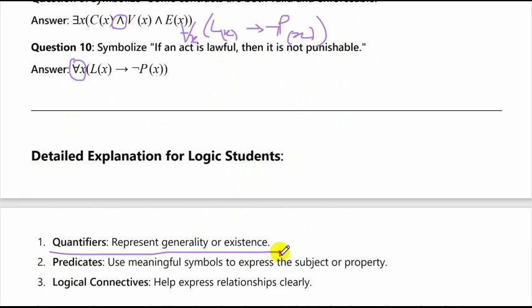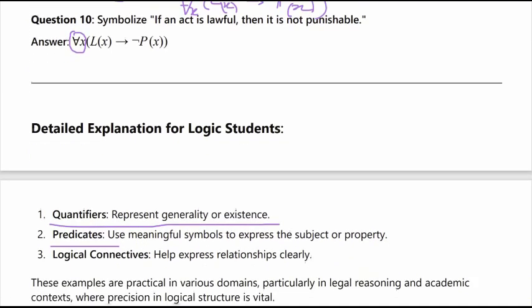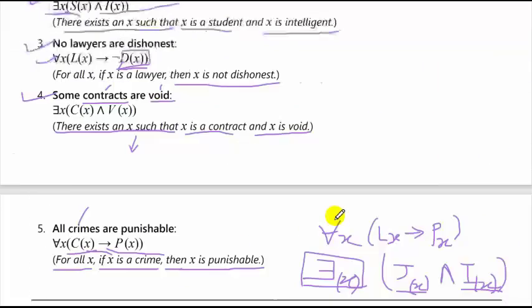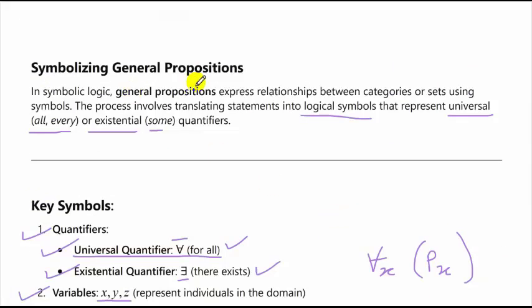They represent generality or existence. Predicates use meaningful symbols to express the subject or property. Logical connectives help express relationships clearly. Alright, so this completes this particular part of symbolizing general propositions.